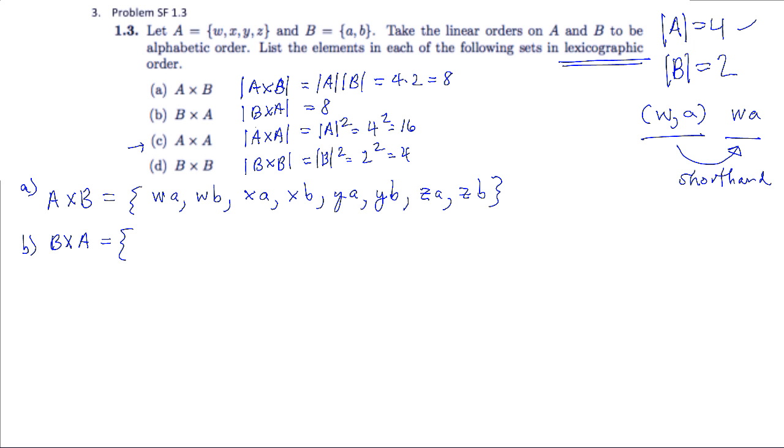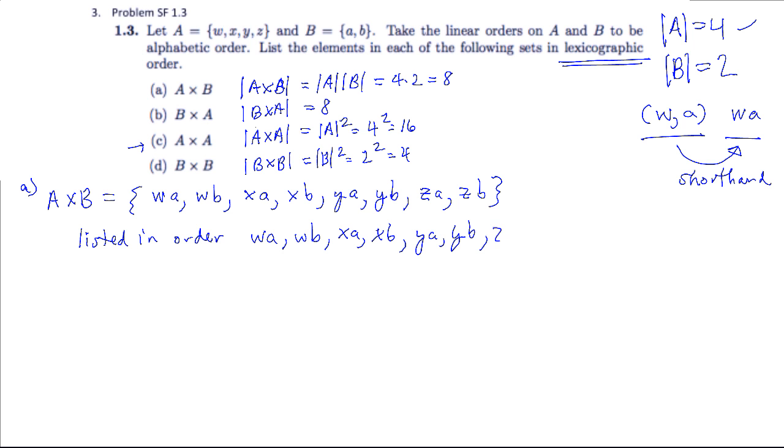So technically, what I should do is say that I'm going to list them in order as WA, WB, XA, XB, YA, YB, ZA, ZB. Okay? So I've listed them in order.